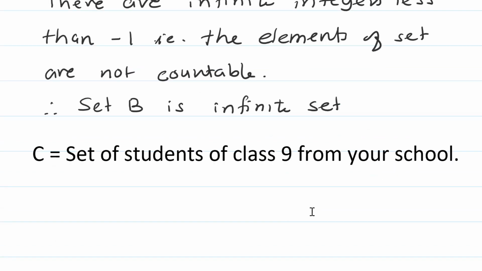Now consider set C. C is the set of students of class 9 from your school. We can count the number of students of class 9 from our school, and therefore set C is finite.